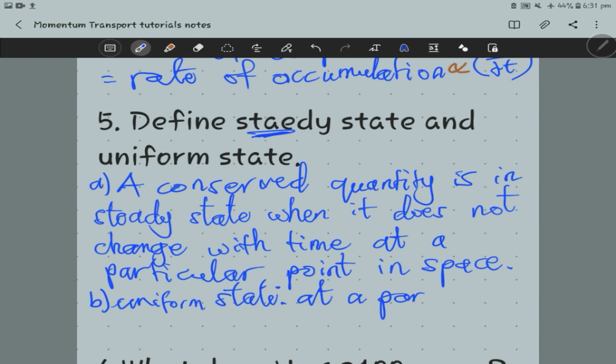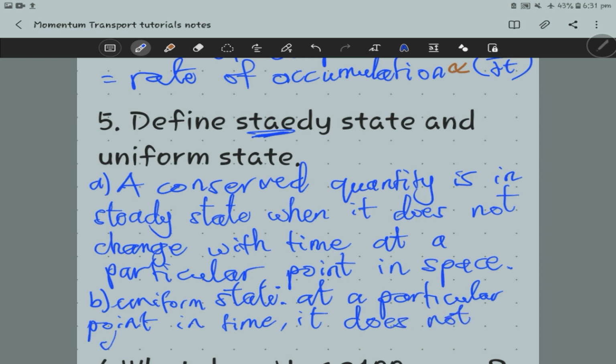When a conserved quantity is in uniform state, it means that at a particular point in time, it is not a function of space, or doesn't change with location, right? So that's what that particular one means. It does not change with location.